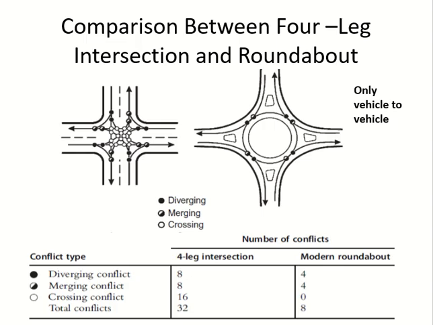How can we use conflicts to compare between different options? You have an example over here. Okay, so this is a normal 4-leg intersection, and this one has what? A roundabout. Okay, so you can see in a normal 4-leg intersection, all types of conflicts are open.